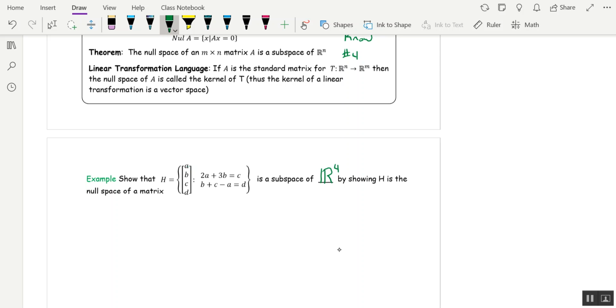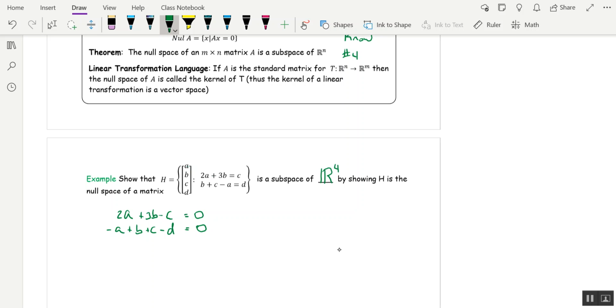So let's write this linear system in the following way: 2a plus 3b minus c equals 0, and then, I'm going to do this in order, negative a plus b plus c minus d equals 0.